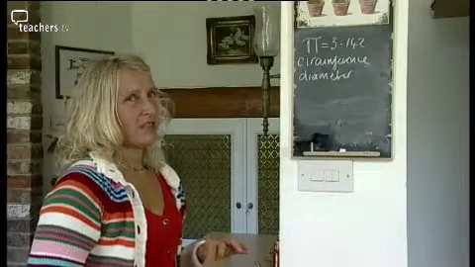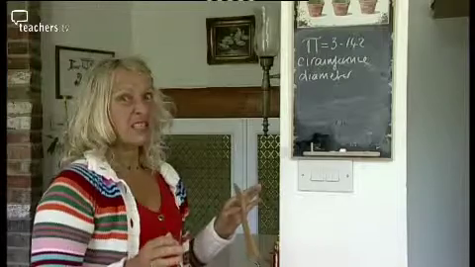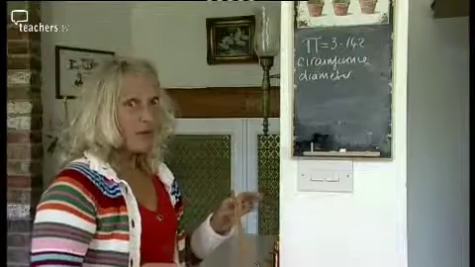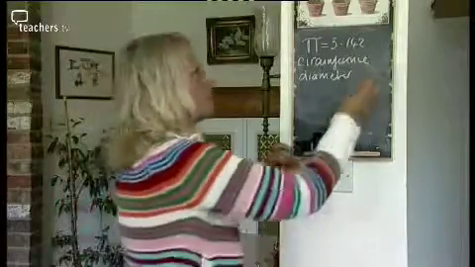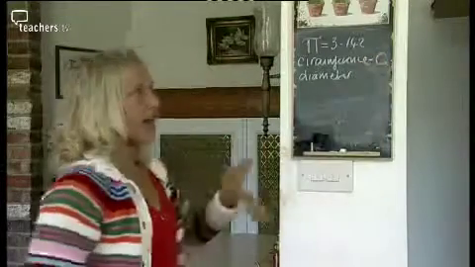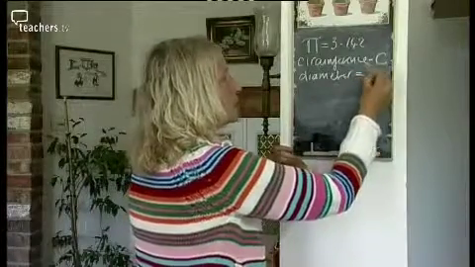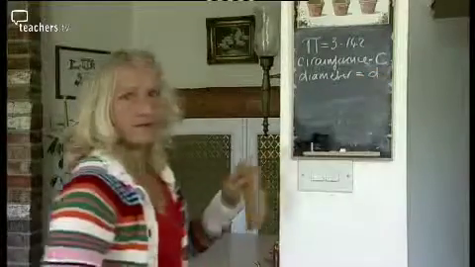I don't like writing words, it takes too long. I'm a mathematician. I like to use letters. So instead of writing circumference every time, I'm just going to write C. And instead of writing diameter every time, I'm just going to write D.